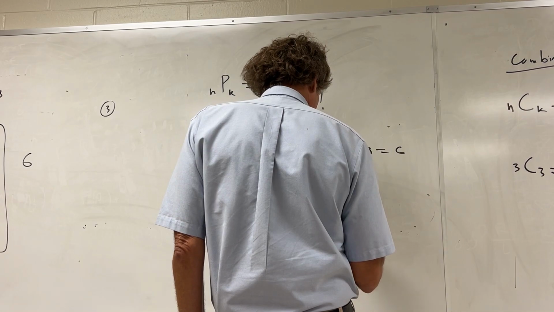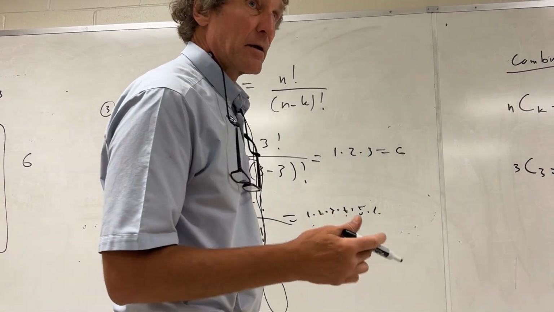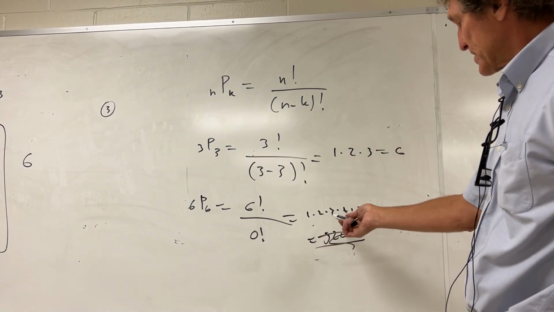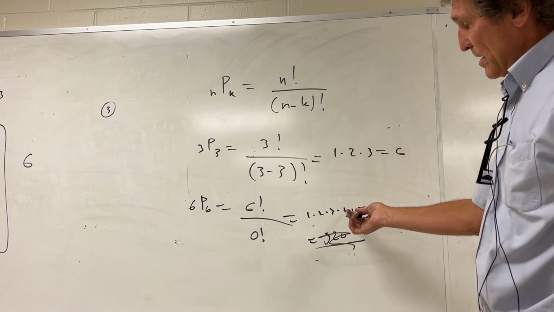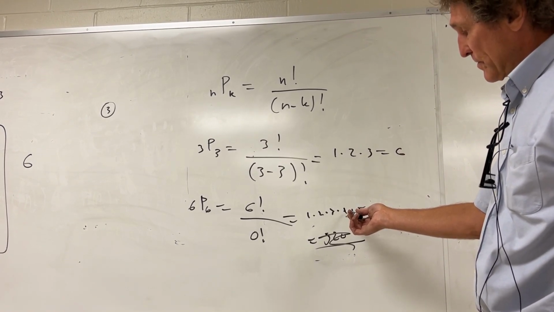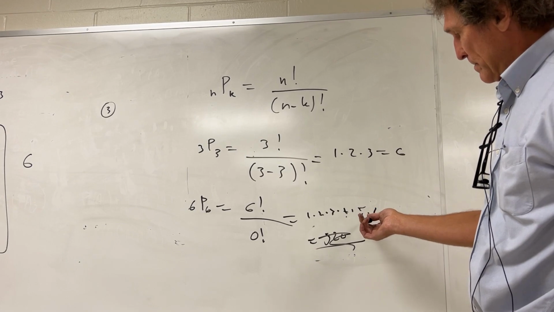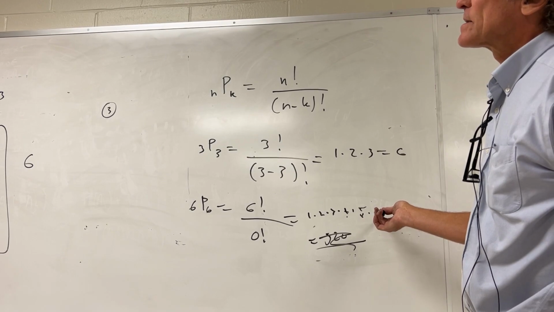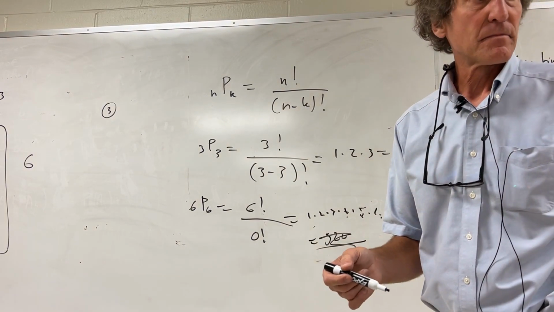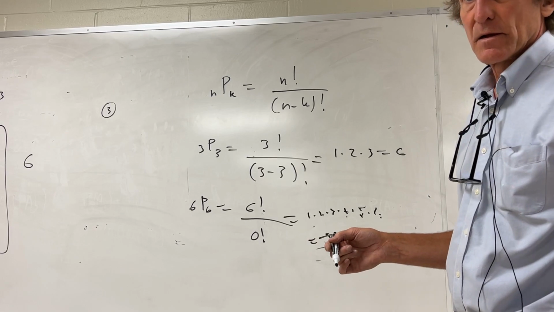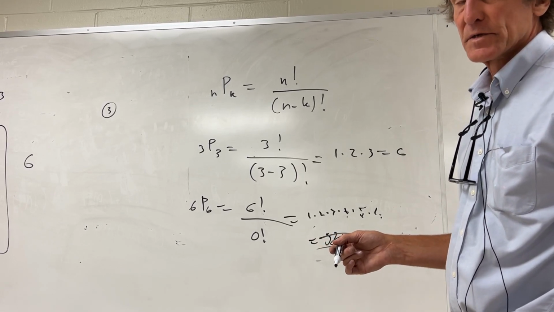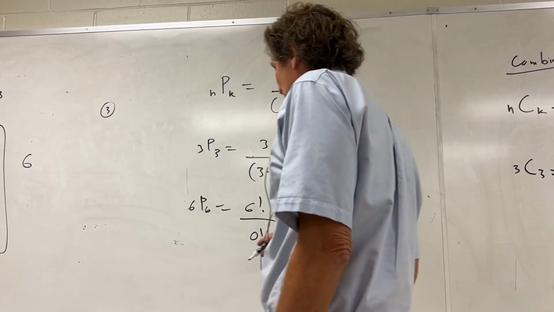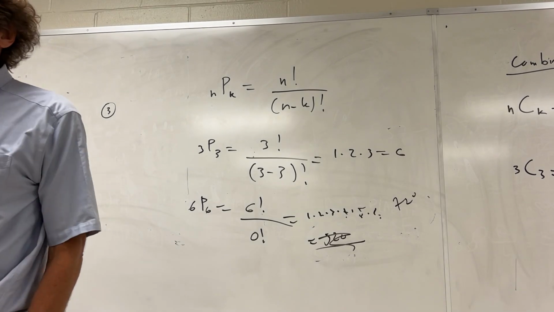I'm not even sure. 720. All right, 2 times 3 is 6, 6 times 4 is 24, times 5 is 120, times 6 is 720. 720 for the total? If it's 720, that's the number of these, and how many of those are going to be sequenced?